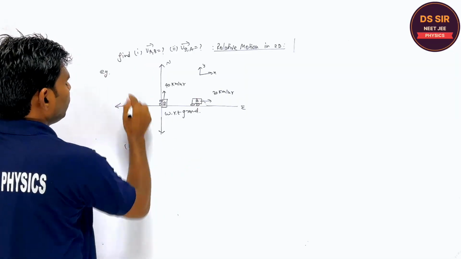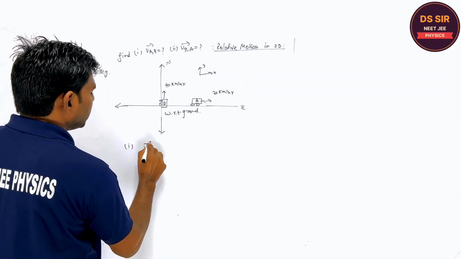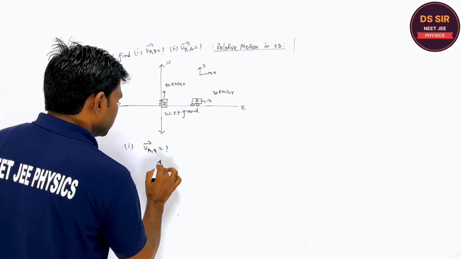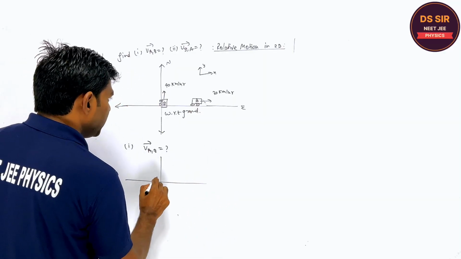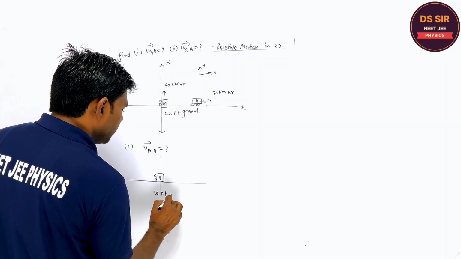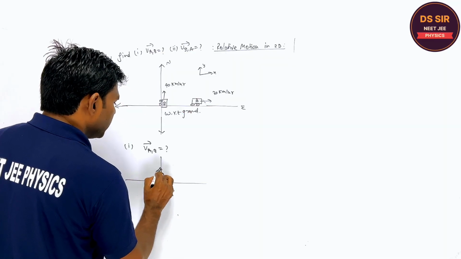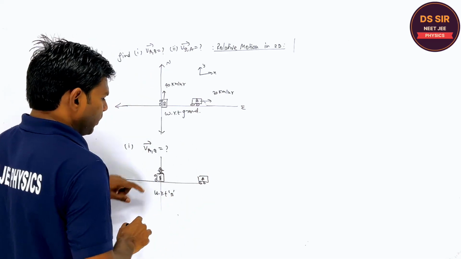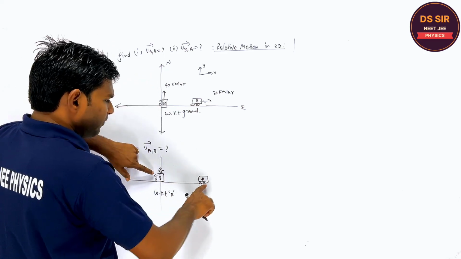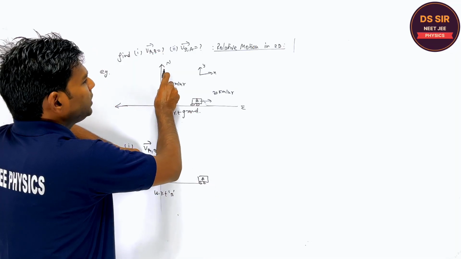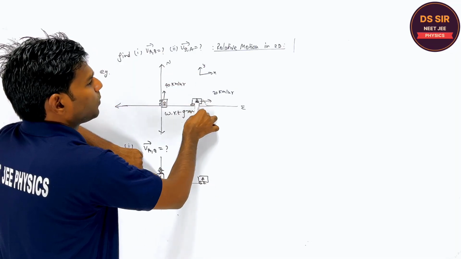First, we have to find the velocity of A with respect to B. With respect to B means B is at rest. You are sitting on B and observing the car A. So what you have to do to get the relative velocity of A with respect to B is that the velocity of B is transferred to A in opposite direction.